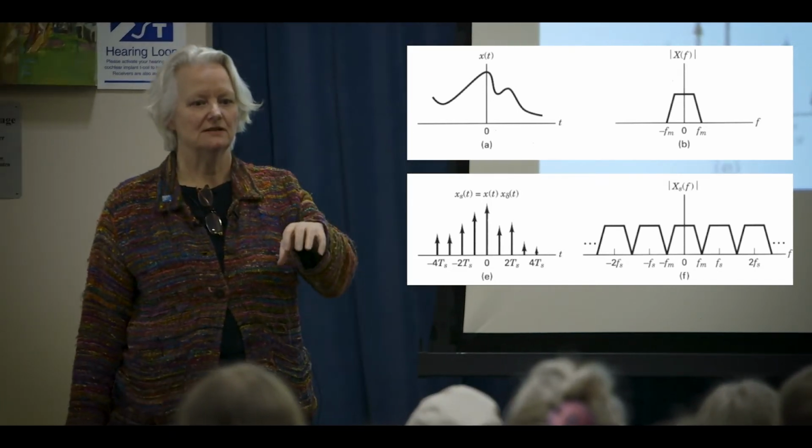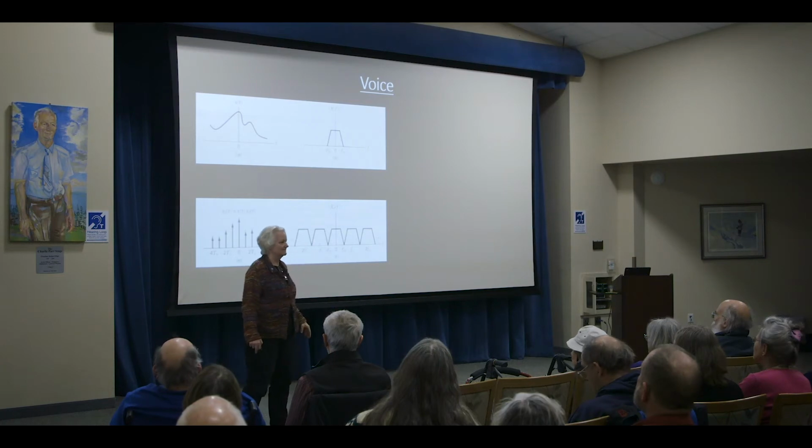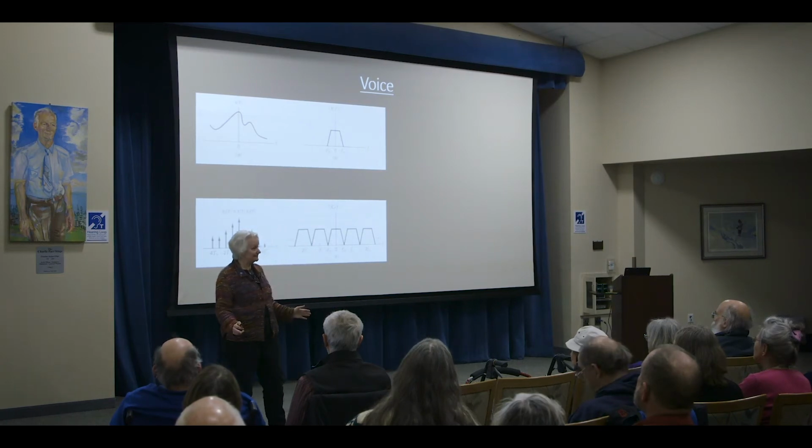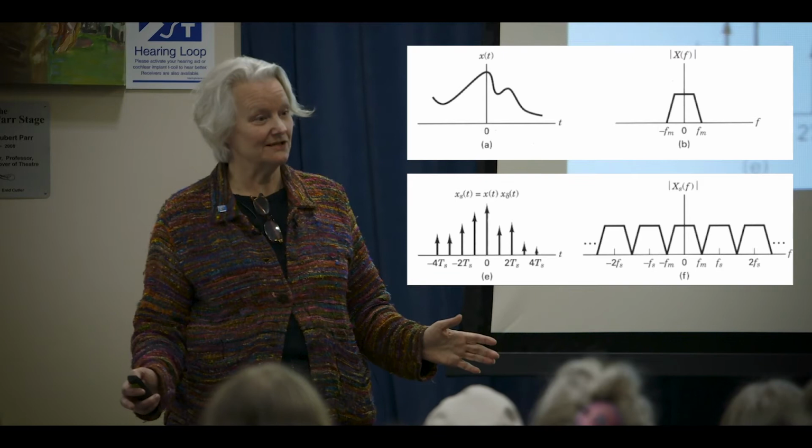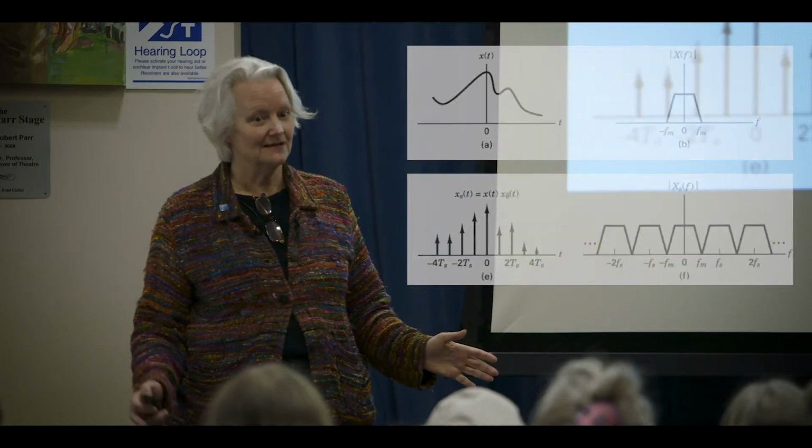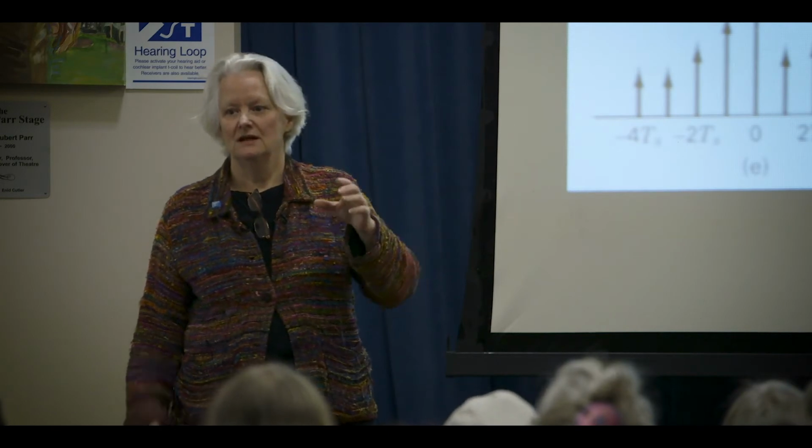I haven't done anything to it, I just sampled it. You'd think I was losing information, but I'm actually not. I'm duplicating the spectral signal, and those duplications are separated by the sampling rate.